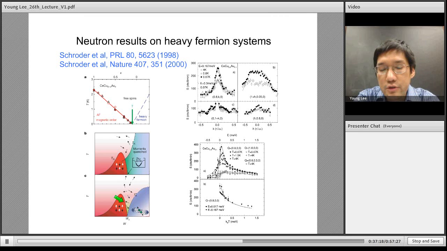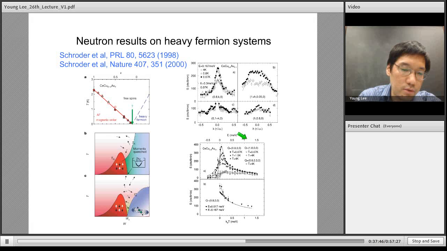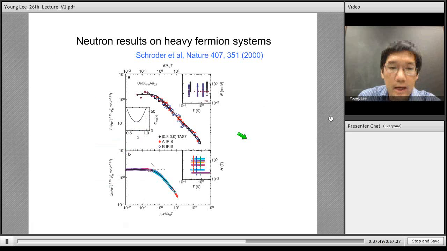So they did measurements on these compounds, and they are measuring the f electron magnetism. Here there are scans in Q at fixed energy transfer at different temperatures, and here's the intensity as a function of energy down here at different sets of Q. And again, there's a very nice way to summarize the data, and that's shown here.